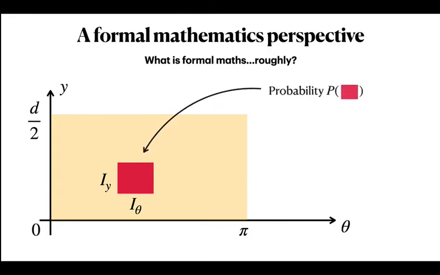Now what I want to look at here is a probability that I call P for the needle to be in one of the configurations in that set, okay, in that red rectangle set. So the thing is that the probability of being in a particular set is a mathematical object.